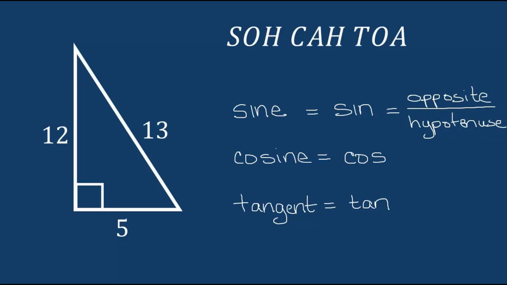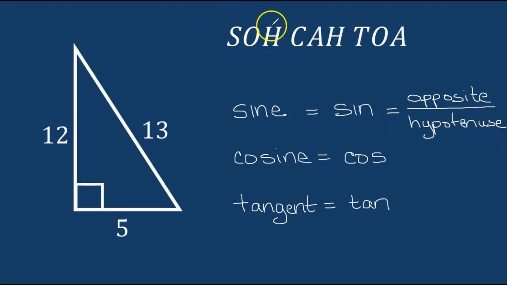We often don't write these words out entirely. We write them as OPP over HYP, and you might notice the first part of the acronym looks familiar if you think about the first letter of every part of this relationship. The S stands for sine, the O stands for opposite, and the H stands for hypotenuse.